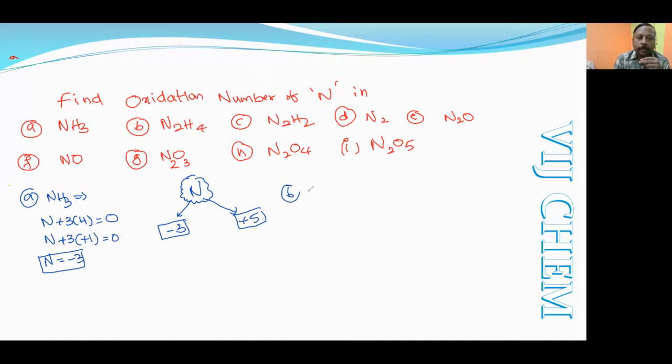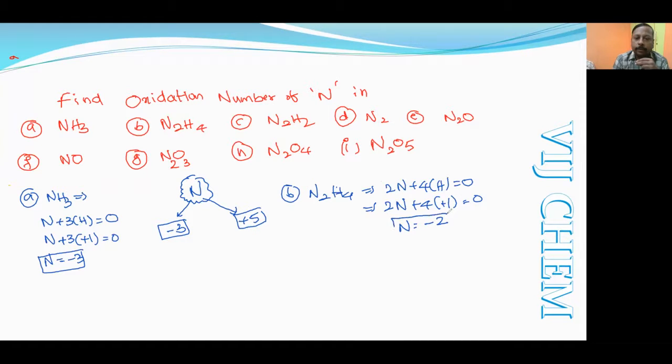Second answer is very easy, N2H4. In this one, what we will do: 2 into nitrogen plus 4 into hydrogen. As it is a molecule, the total charge will be 0. 2 into nitrogen, 4 into hydrogen, charge will be +1, is equal to 0. So nitrogen will be -2.